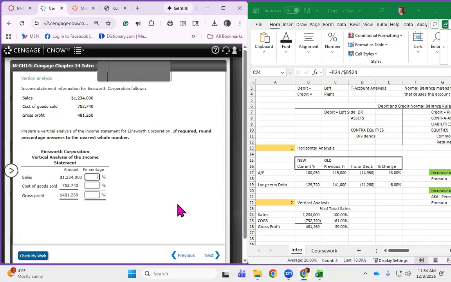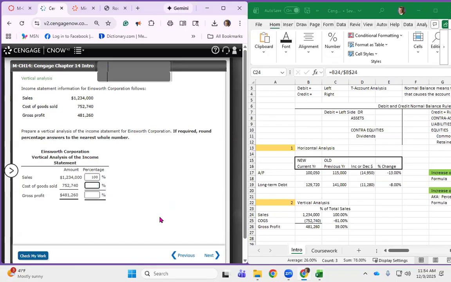So here's what this is saying. Now we can't really interpret anything from this. All we can say is this. The vertical analysis, of course, sales divided by sales is going to be 100%. Now, here's what we can know.